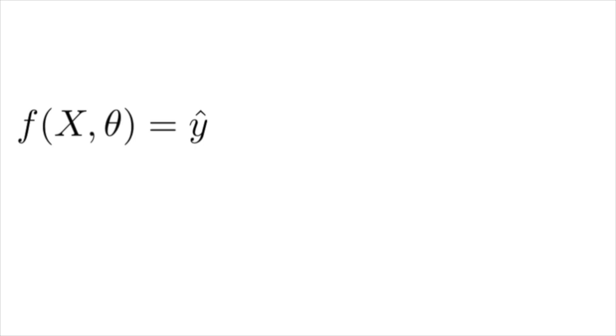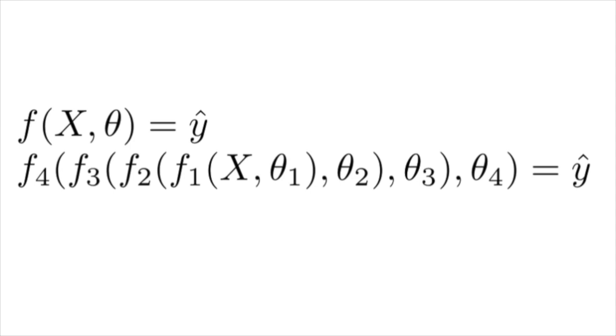Another common one is to do with the nature of how this f function actually represents things under the hood. If I have this function f that takes this x and theta, this function f as a neural network is actually not just a direct mapping from x to y. It's made up of a whole bunch of f's, like the layers.